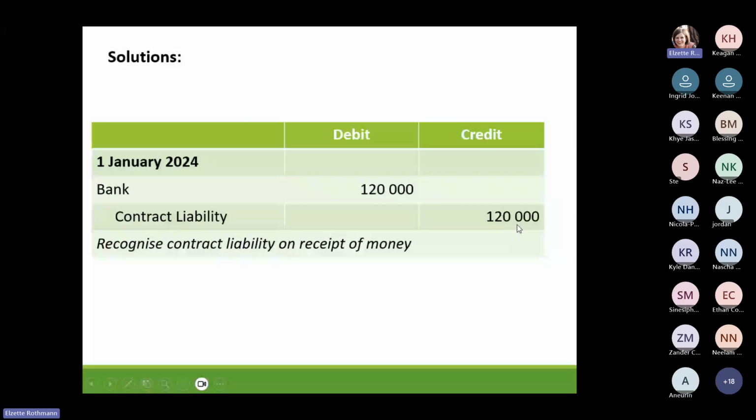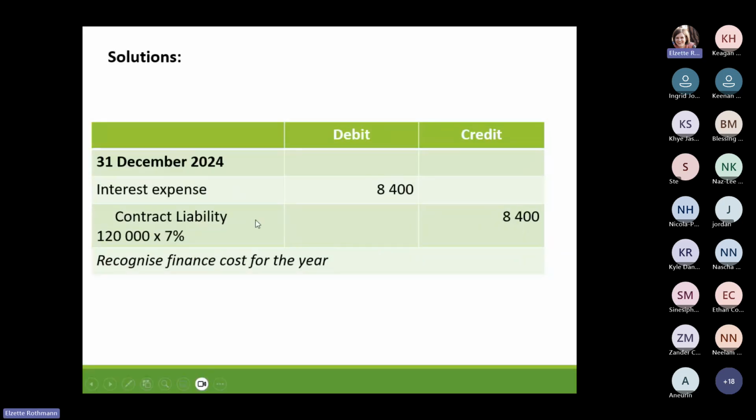But at the end of that first year, we were charged 7% interest, so we increased the liability with 8,400.